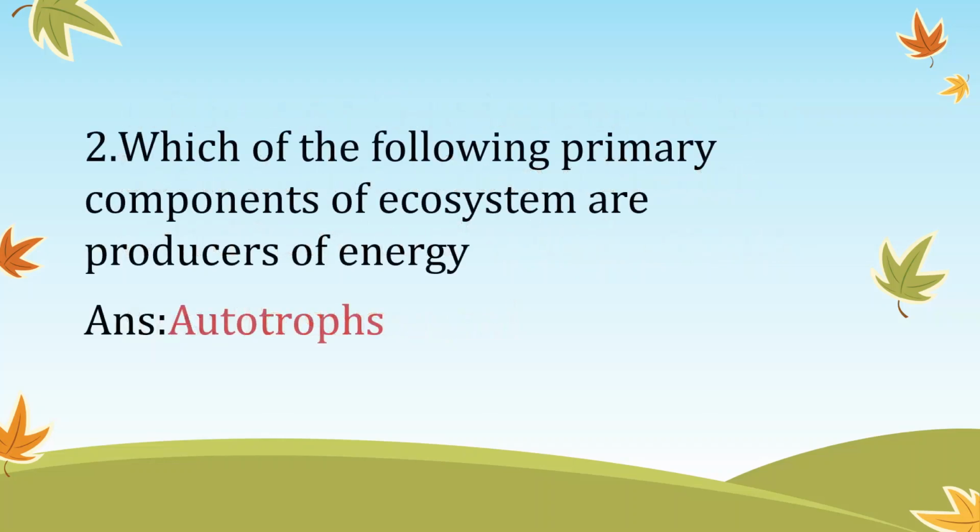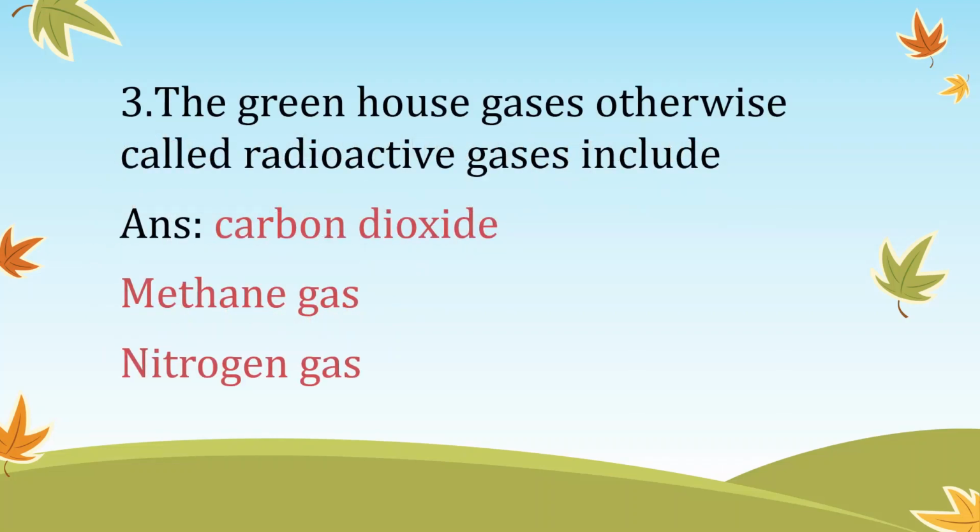Second question, which of the following primary components of ecosystem are producers of energy? Answer, autotrophs. Third, the greenhouse gases, otherwise called radioactive gases, include? Answer, carbon dioxide, methane gas and nitrogen gas.